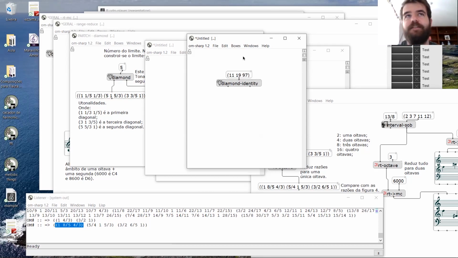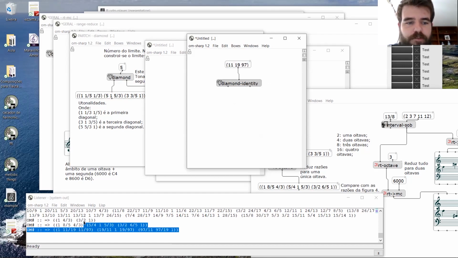It works in the same way as the diamond, but it works with our harmonic identities. It will construct all the ratios using our identities, because this object works with the concept of limit. So we can just put one number here, not other things.